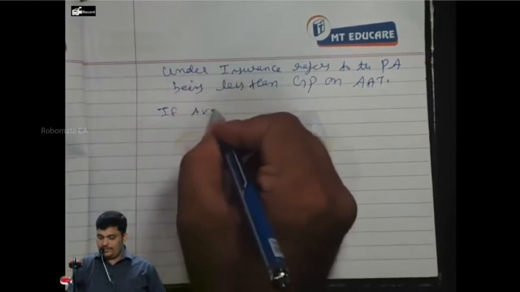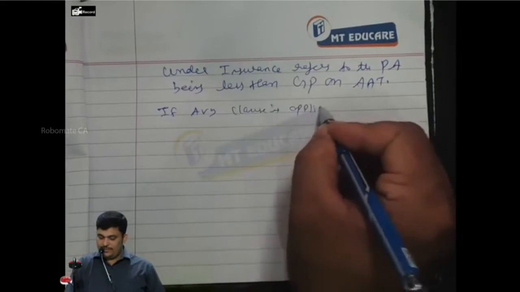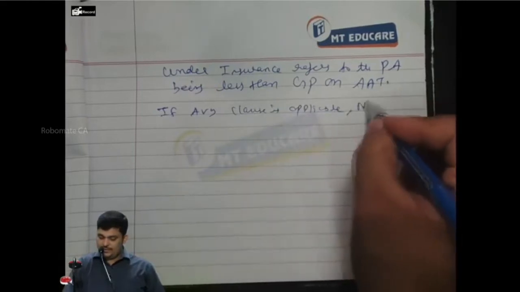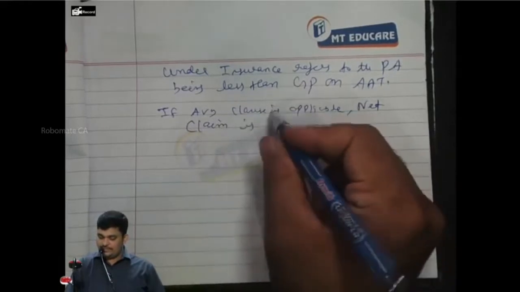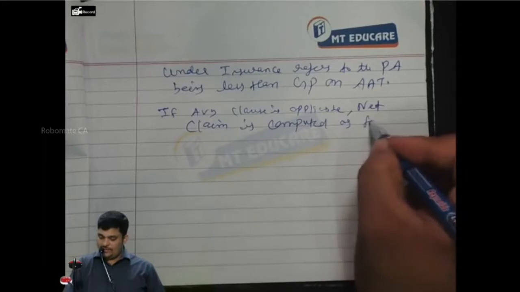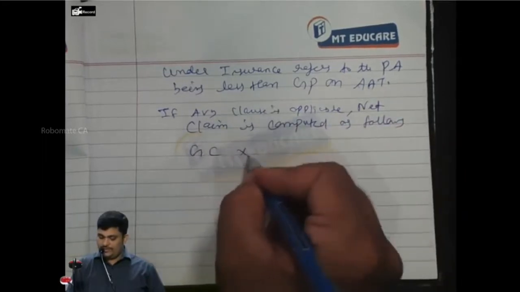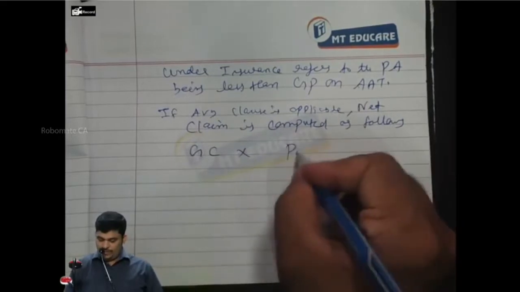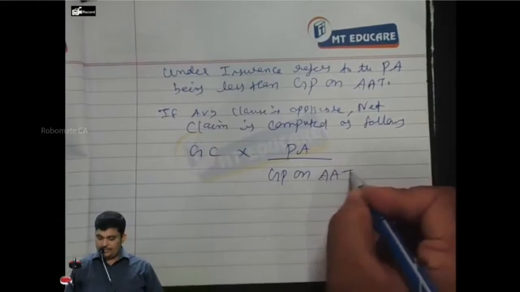If average clause is applicable, net claim is computed as follows: gross claim into policy amount by GP on AAT.